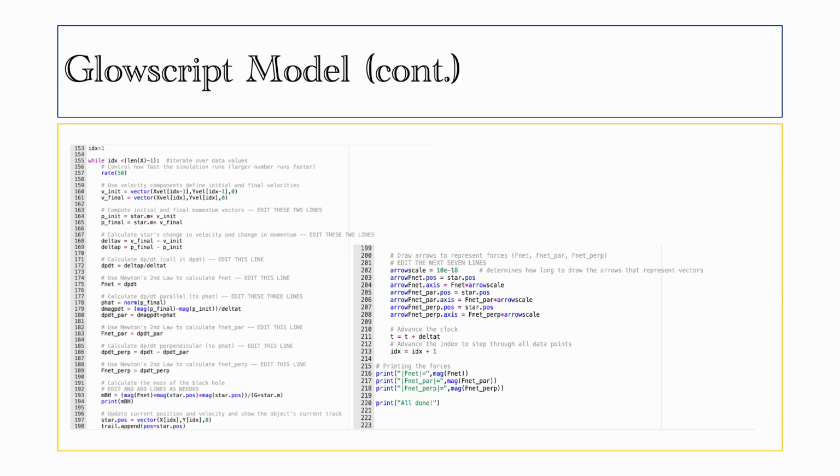So here we see I've inputted different values on how to calculate initial and final momentum, how to calculate the star's change in velocity, and net force to find both parallel and perpendicular net force. And I also ended up editing the arrows to represent the forces, as we can see in this model.